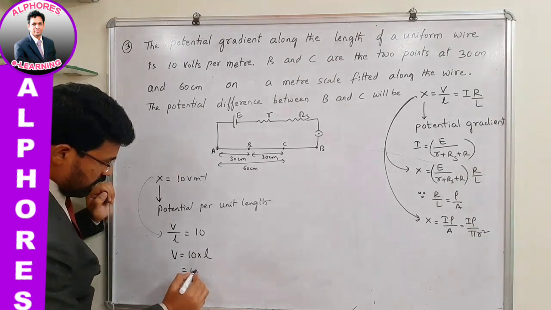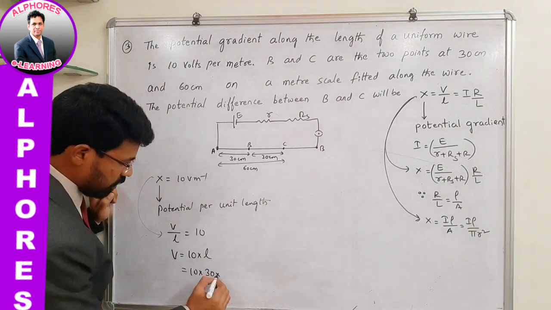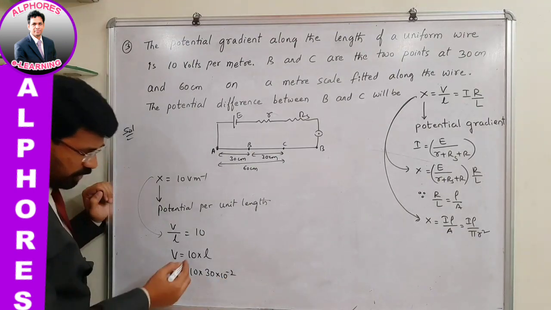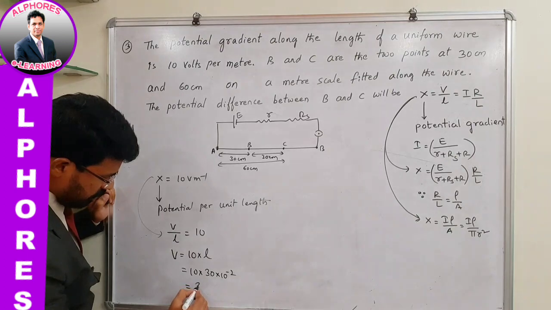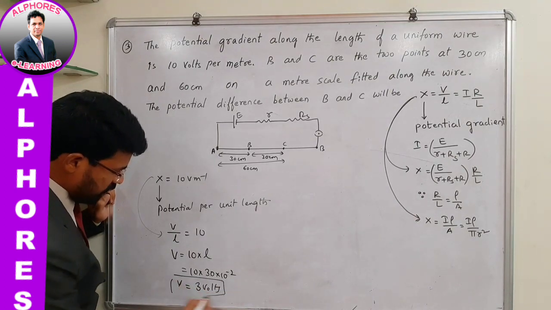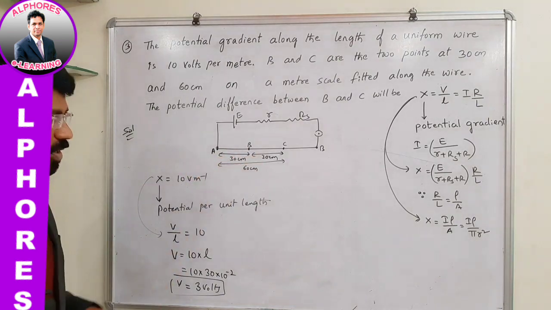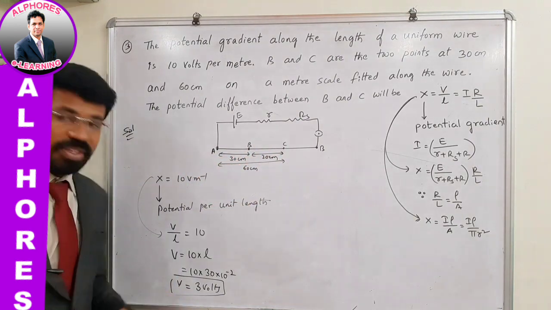So 10 into 30 centimeters, you need to convert that into meters. So you will have 10 power minus 2, because 10 is already expressed in terms of meters, right? So finally what you will have? 3 volts, isn't it? So the potential difference across this particular length of the wire is 3 volts.